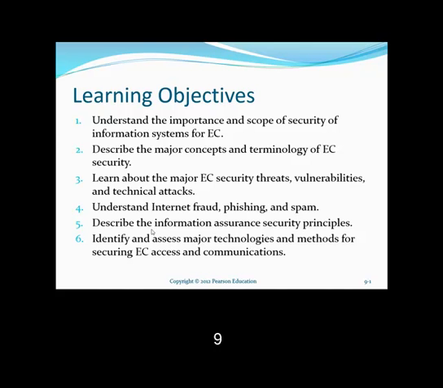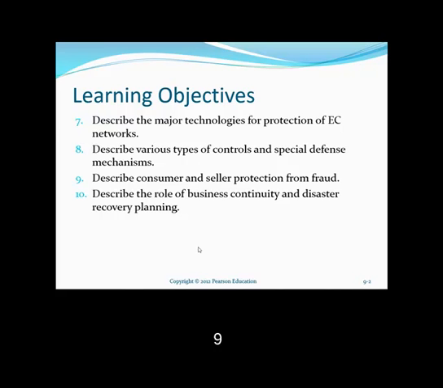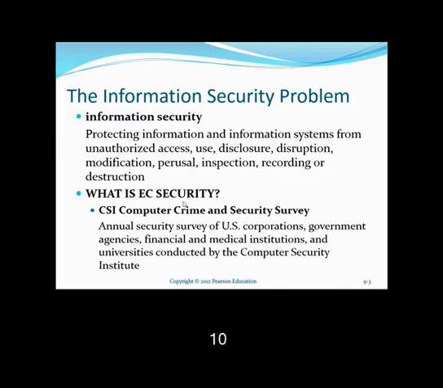Describe the information assurance security principles. Identify and assess major technologies and methods for securing e-commerce access and communication. Describe the major technologies for protection of e-commerce networks. And then describe various types of controls and special defense mechanisms. Describe consumer and seller protection from fraud. And lastly, describe the role of business continuity and disaster recovery planning.